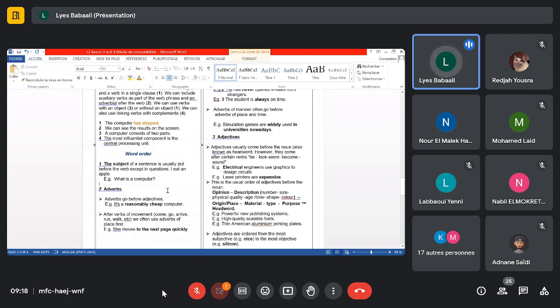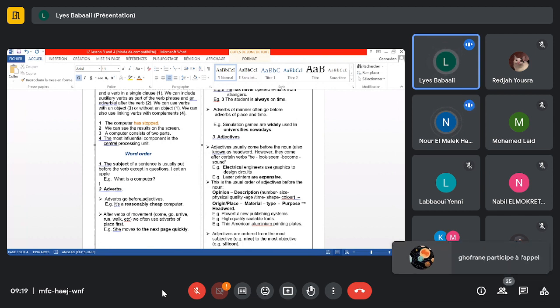Okay, so let's see with adverbs. Adverbs go before adjectives. This is another interesting rule: usually when we have adverbs, they go before adjectives. Here it's a good example. We have it's reasonably cheap.